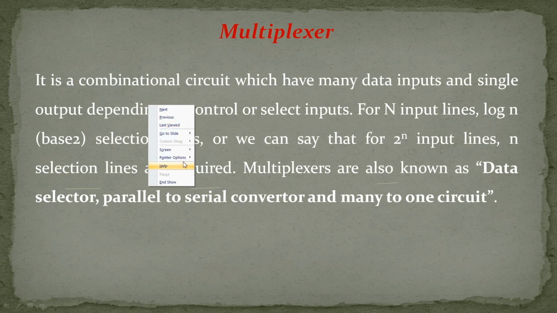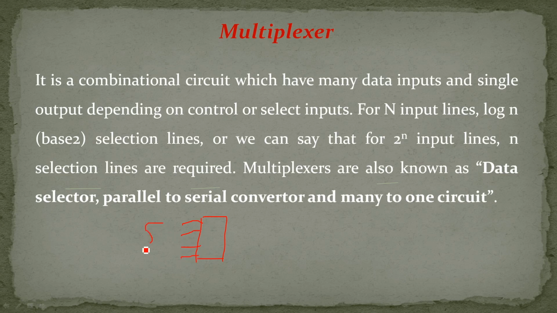Let's see. It is a block. A combinational block has several inputs and a single output with certain select lines.